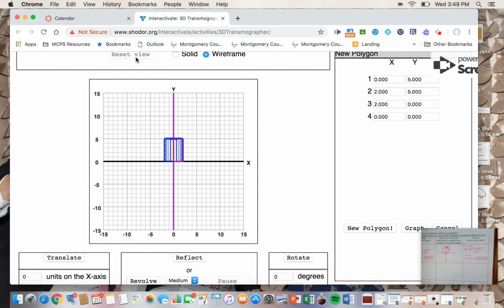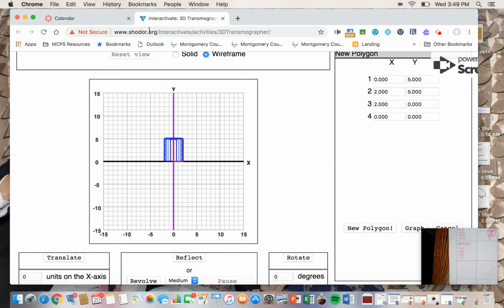Okay, so I'm going to do a rectangle again. Here I've got another rectangle, and my points are 3, 1, 3, 8, 6, 8, and 6, 1.